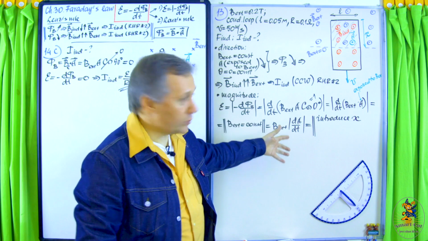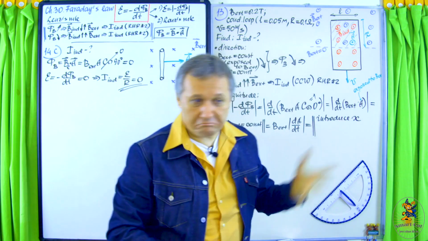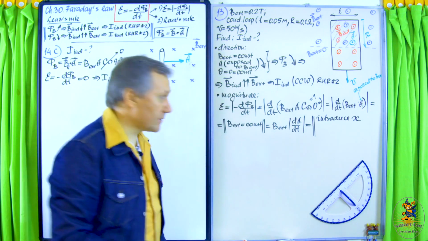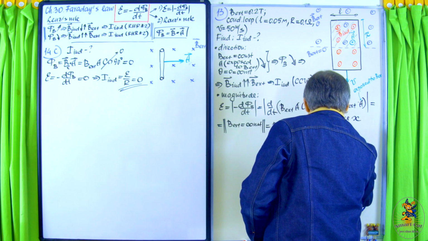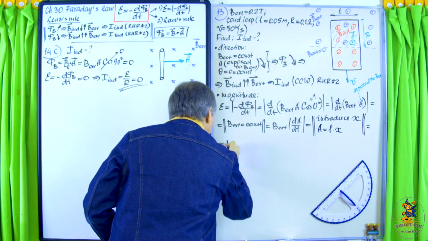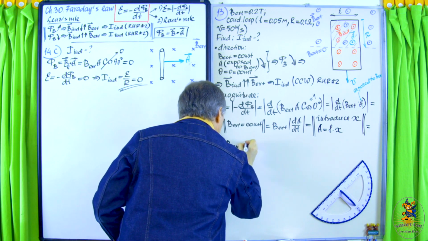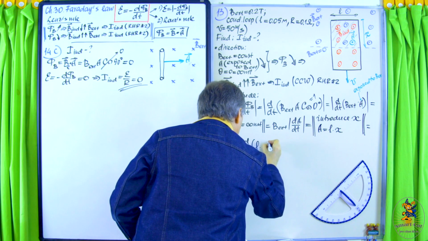Again, area exposed to the magnetic field. Width is known, length is x. So it's a rectangle, L times x. So area equals L times x. Okay, so we can plug it in. So it will be B external and d over dt of L times x.